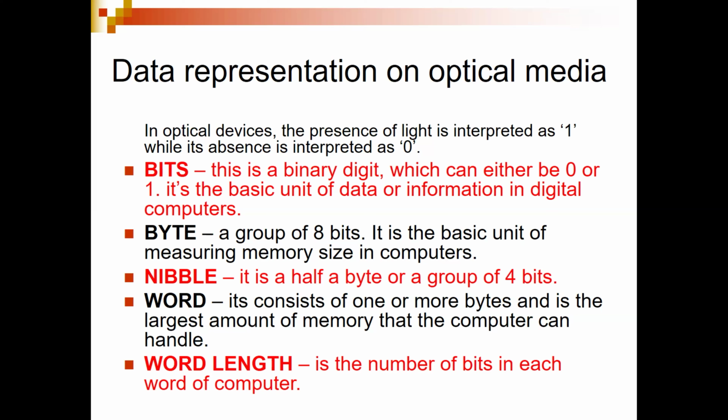So in other words, the higher the number of bits, the larger the word length, the faster that computer will be. Are you getting that? The larger the word length, the faster that computer will be. Why? Because it can transmit as many bits as possible simultaneously.